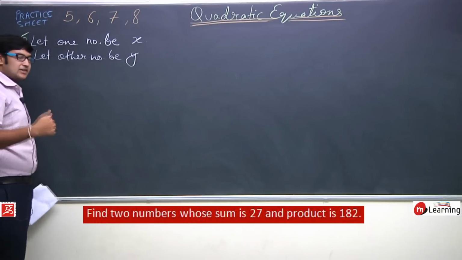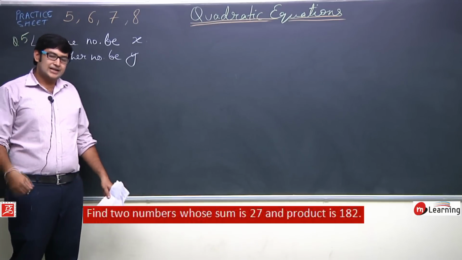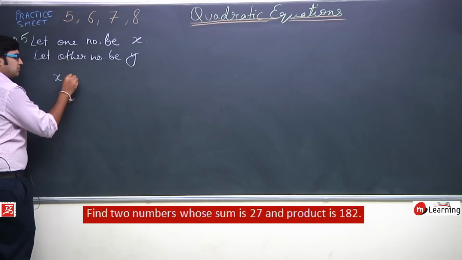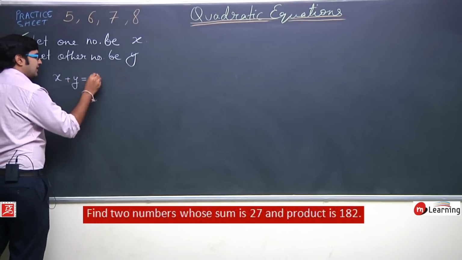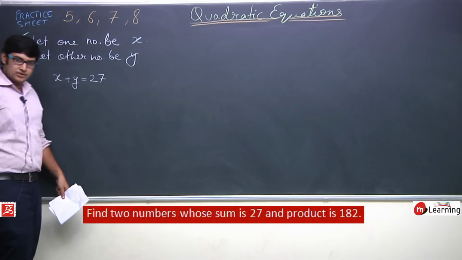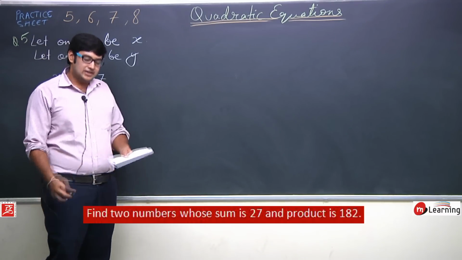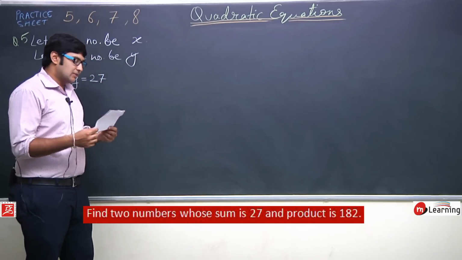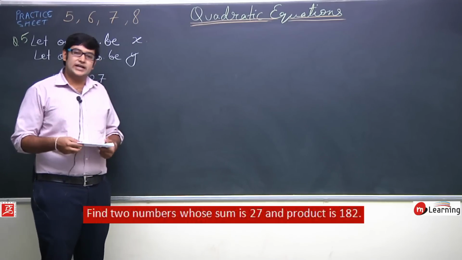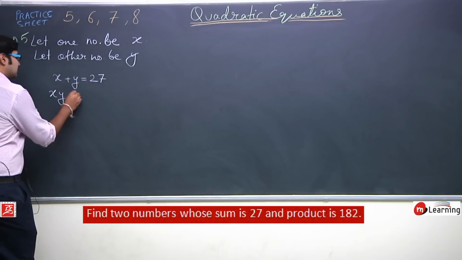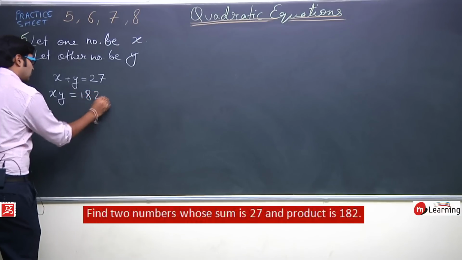So one is x and one is y, and the condition given is that the sum of these two numbers, that is x plus y, is equal to 27. Then one more condition is given, and that condition is the product of the two numbers is 182. So the product of two numbers means x into y is given as 182.